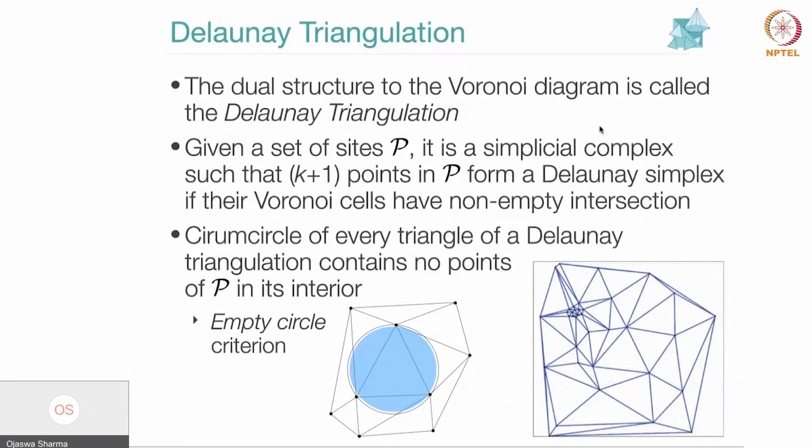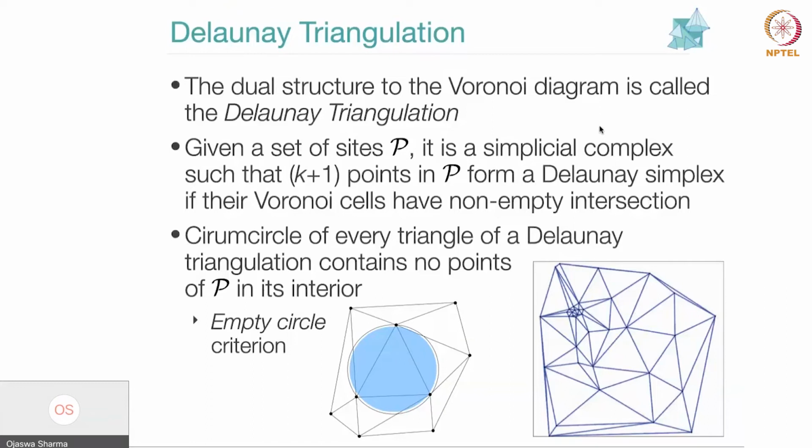Okay, so any quick questions before we start with the Delaunay triangulation? Okay, so let's now discuss the Delaunay triangulation. Given a set of points, let's do it with 2D, given a set of points in a 2D plane, I can triangulate.